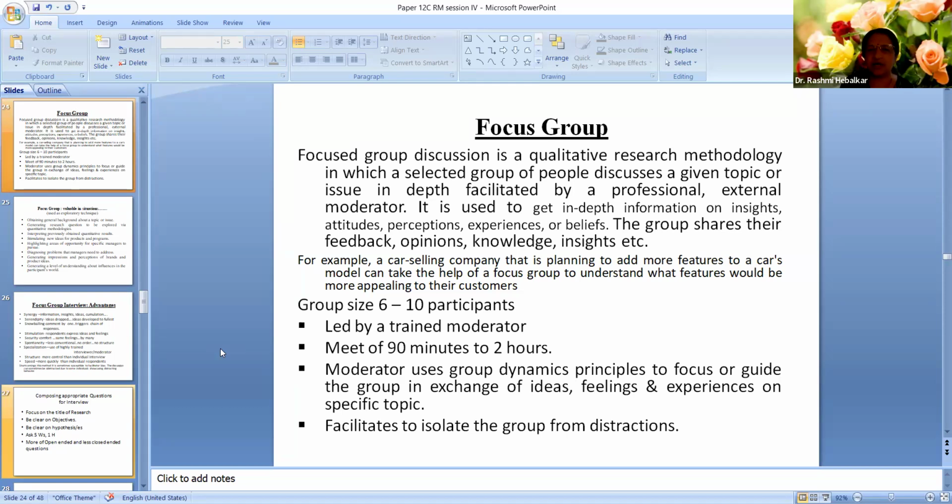I had to give suggestions and recommendations on all this, the complete organization health. For that, many focus group interviews were conducted.